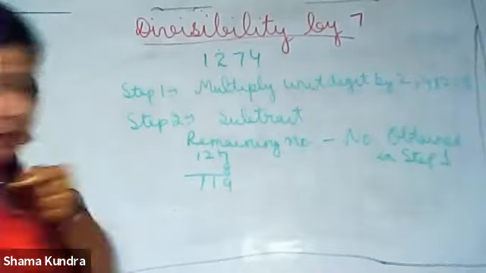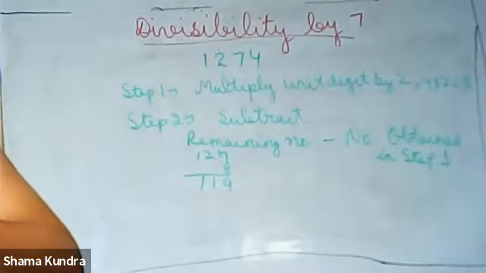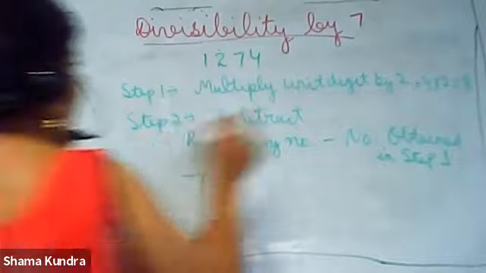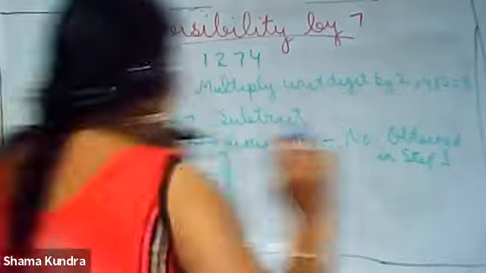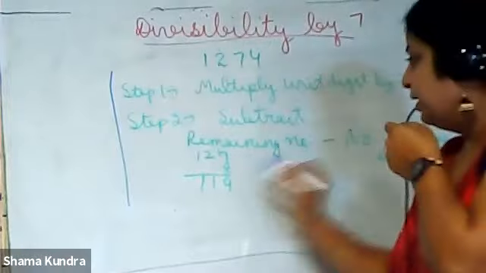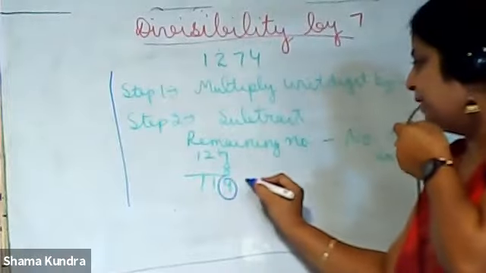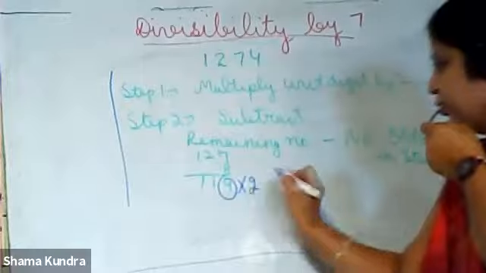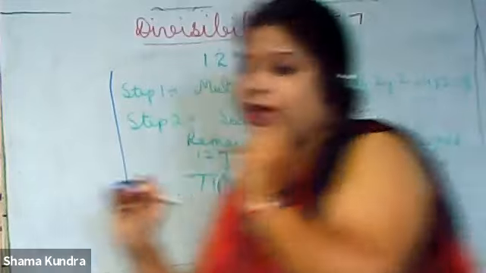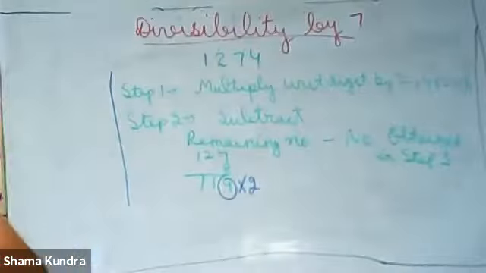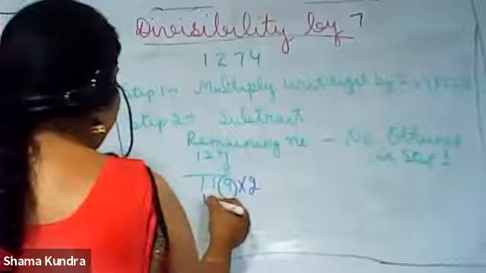Like multiply the unit digit by 2. What is the unit digit here now? 9. Simply multiply it with 2. You will get 18.